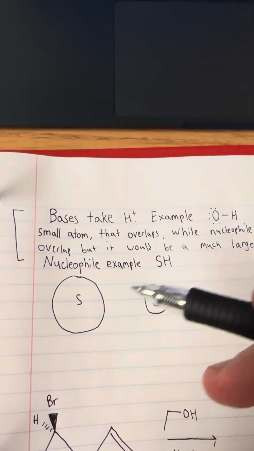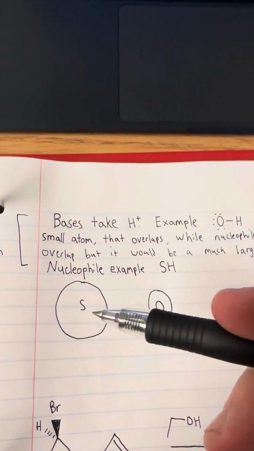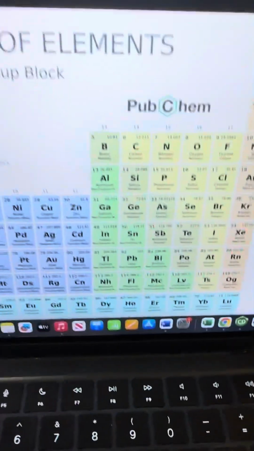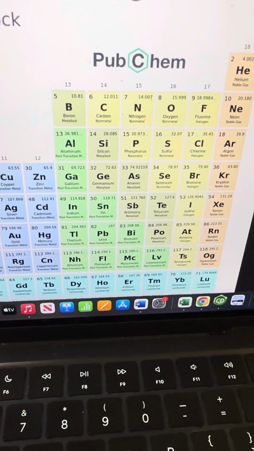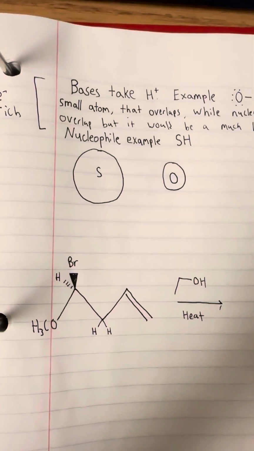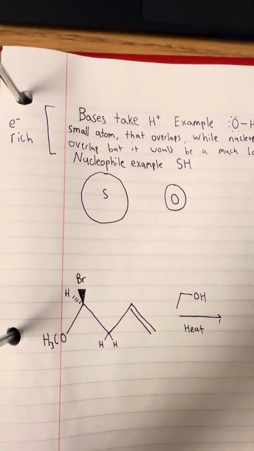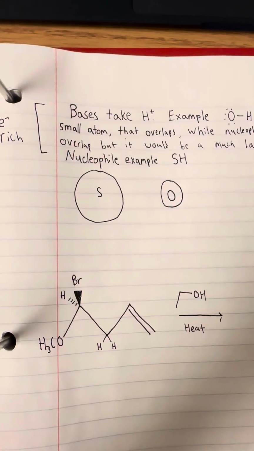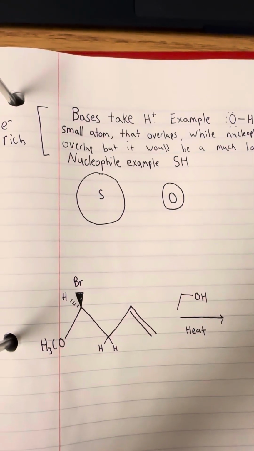I drew this to help illustrate. The sulfur is going to be much larger than oxygen, which, if you look at a periodic table of elements, you'll see sulfur is considerably bigger than oxygen. So those are some similarities and differences between a strong base and a good nucleophile.